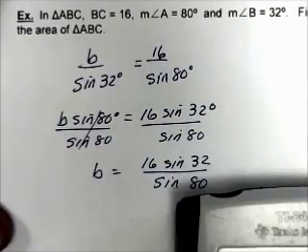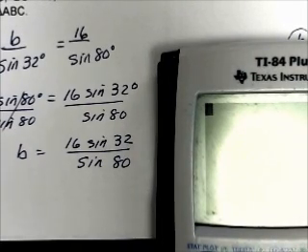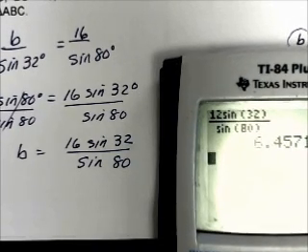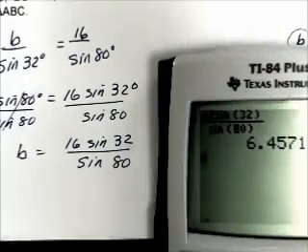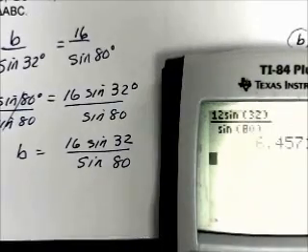Now let's go to the calculator. Alpha y equals 16 sine 32 over sine 80. We want to round to the nearest tenth. I put in 12 for some reason.